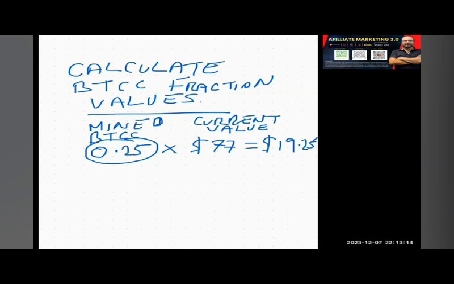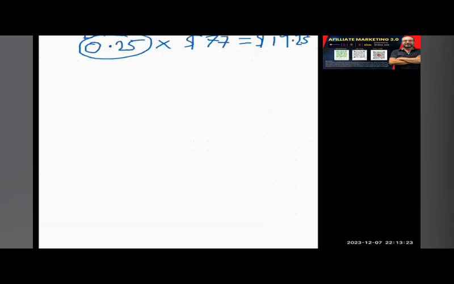Now, if you want to do the calculation in the other direction, let's say you're sending somebody $20 worth of BTCC. Nobody's going to come to you and say, can you send me a quarter of a BTCC, or can you send me 0.01 BTCC? They're going to ask you, can you send me $10 worth of BTCC or $20 of BTCC?